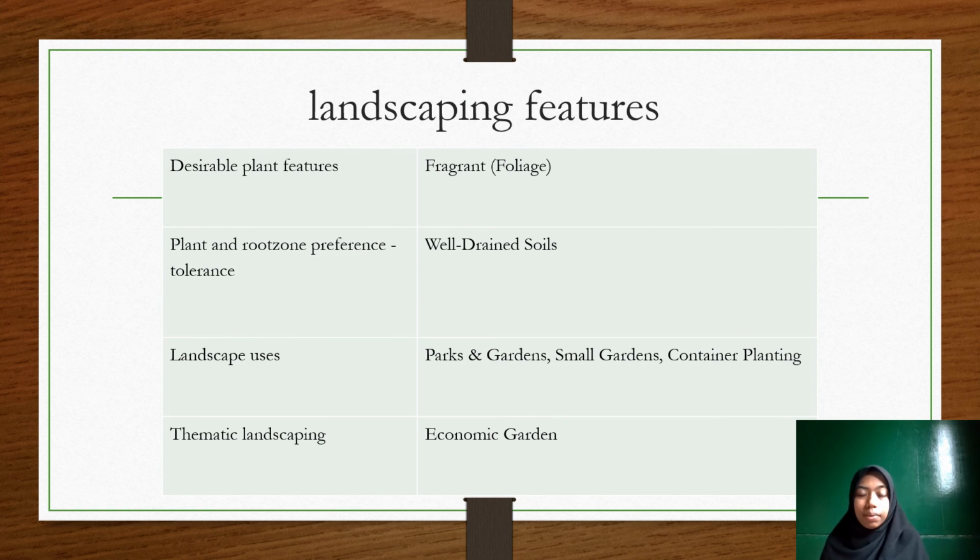And the landscaping feature of pokok kari is fragrant foliage. The plant and root zone preference tolerance is well-drained soil, and landscape uses are park and garden, small garden, and container planting. And the thematic landscaping is economic garden.